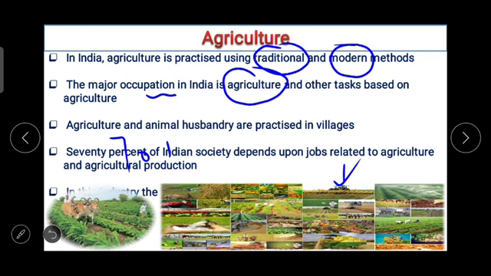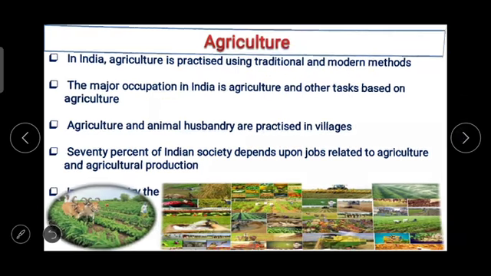Directly or indirectly, a number of people in our country depend on agriculture. In this industry, the participation of women is equal to that of men. So, the role of women is also very important in practicing agriculture.